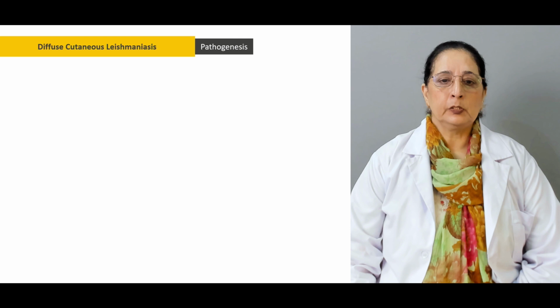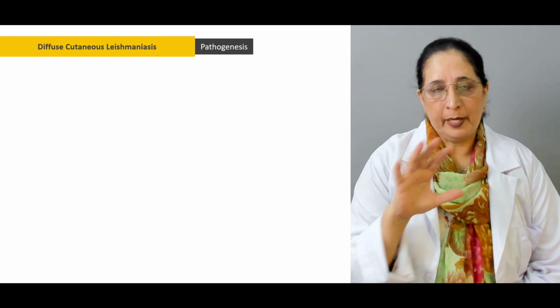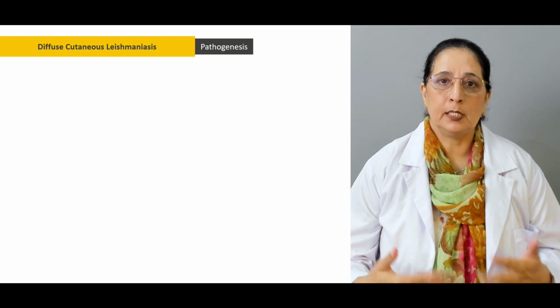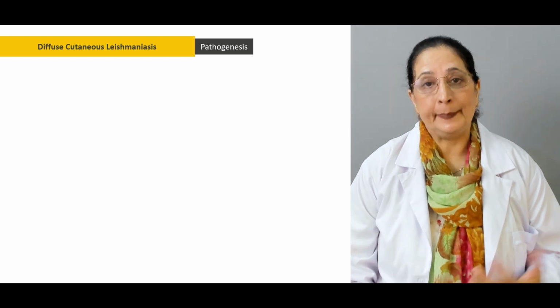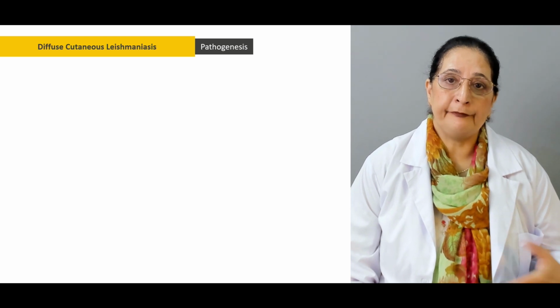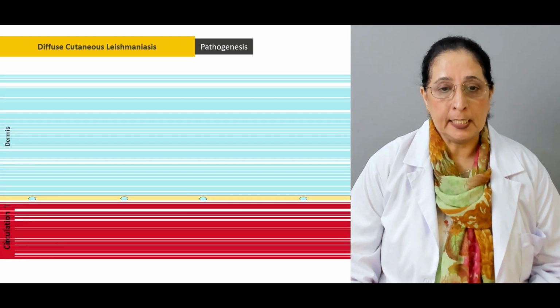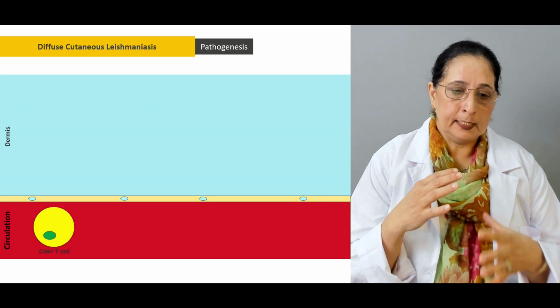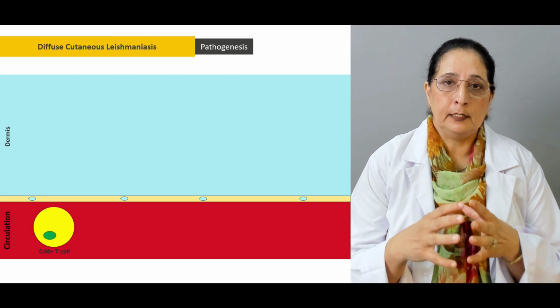Now the diffuse cutaneous leishmaniasis, when the involvement of the skin is more diffuse, what are the changes taking place, or what's the pathogenesis that leads to more diffuse involvement of the skin? It is between the circulation and the dermis.